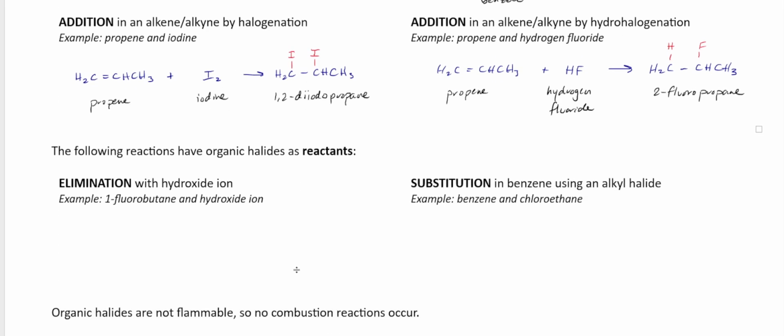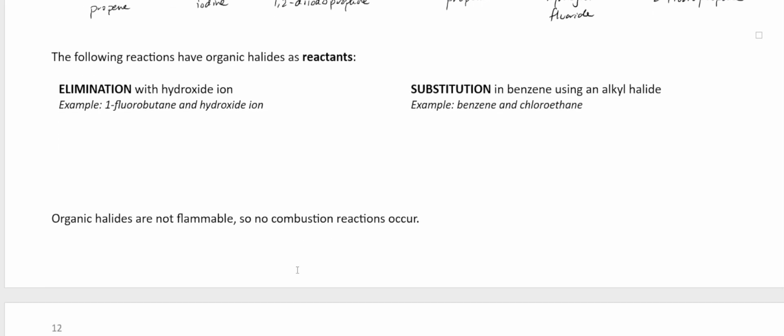Okay, the following reactions have organic halides as reactants. Well, you can have elimination with a hydroxide ion, so 1-fluorobutane. So that means I'm going to have H2C, and you know what, I'll not use bond, so CH2, CH2, CH3. And it's 1-fluoro, so that means I've got a fluorine right there.